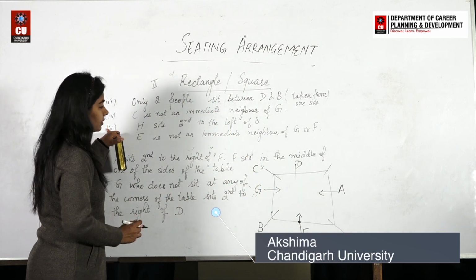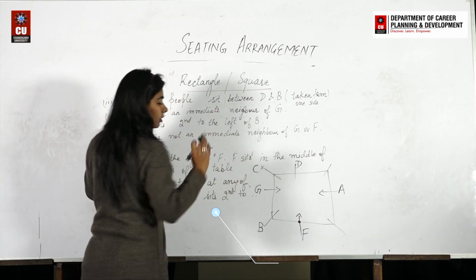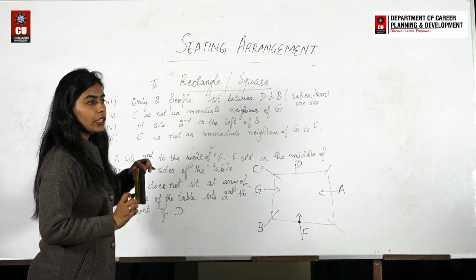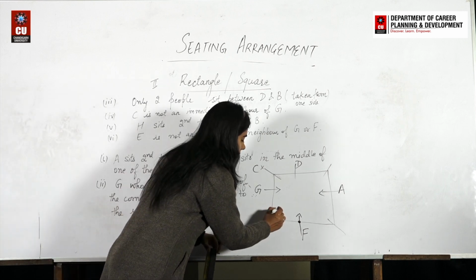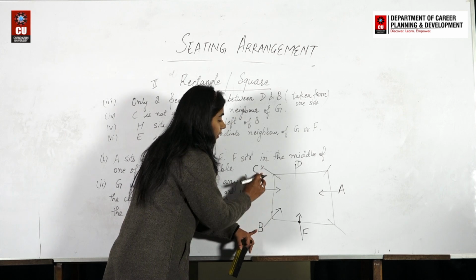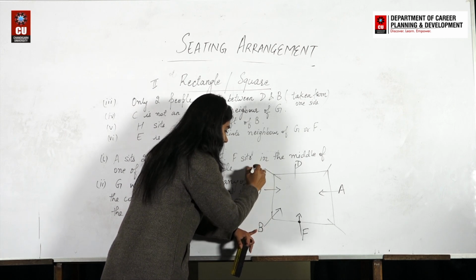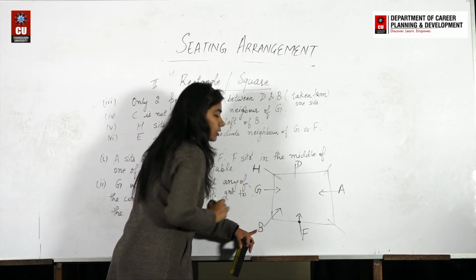Next, the fifth statement says H sits second to the left of B. Now B is here, its second left is here. Now we will place H in this corner.